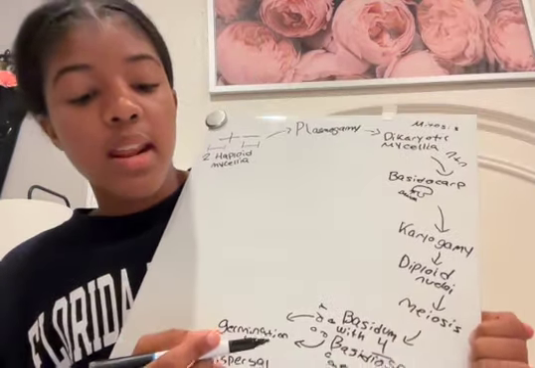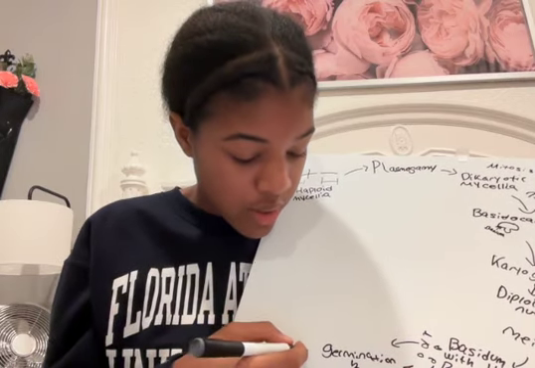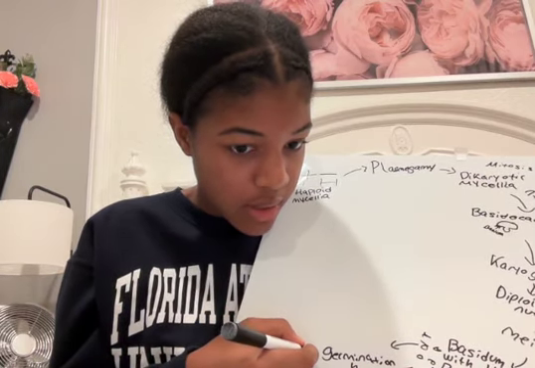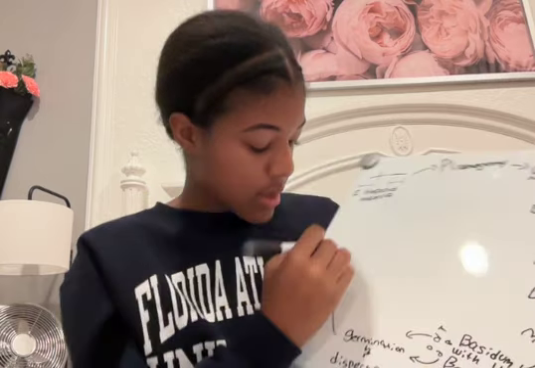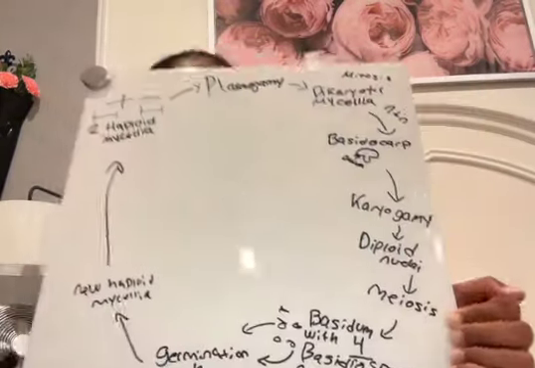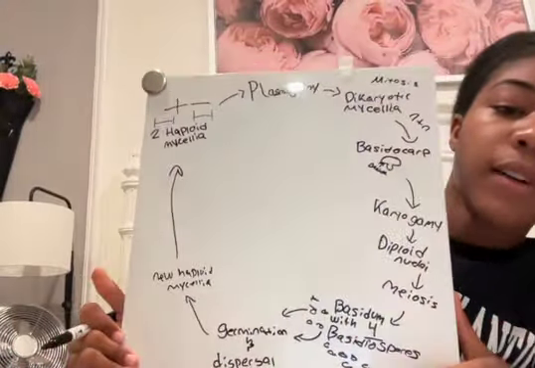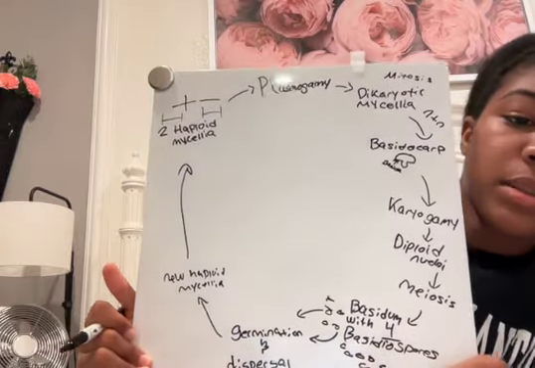So the spores are germinating and dispersing into new haploid mycelia. And then we're at square one again. And here we have it. This is the phylum Basidiomycota, which is the mushrooms.